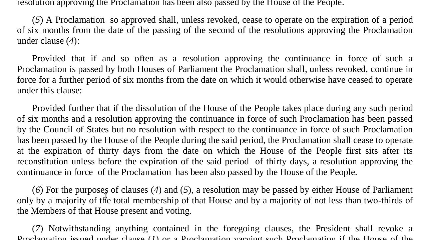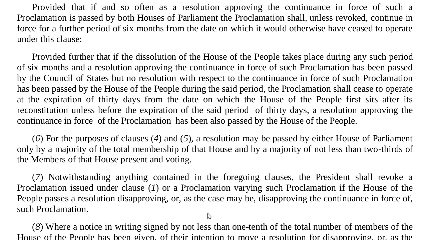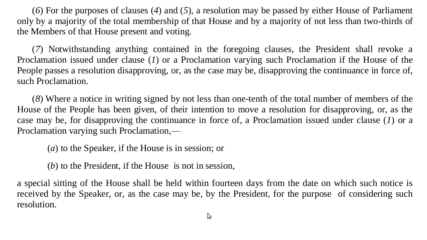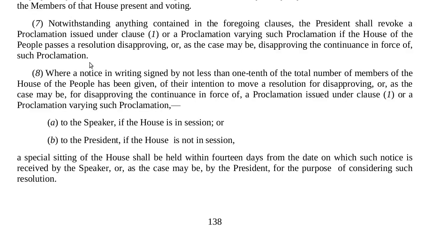6. For the purposes of clauses 4 and 5, a resolution may be passed by either House of Parliament only by a majority of the total membership of that House and by a majority of not less than two-thirds of the members of that House present and voting. 7.